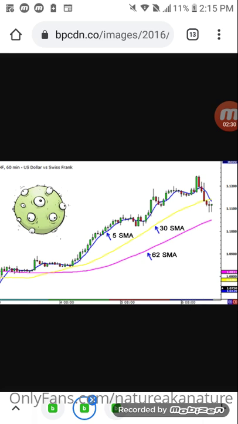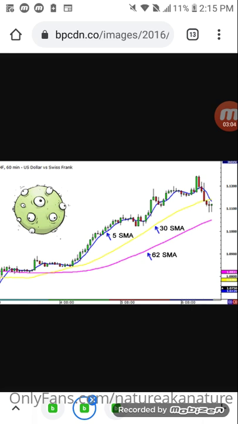These are moving averages over the last 5, 30, and 62 periods in the market. The 5 is obviously closer to the candles because, remember, the shorter the moving average is, the quicker it reacts to the current price.